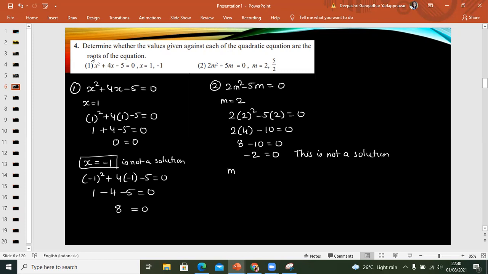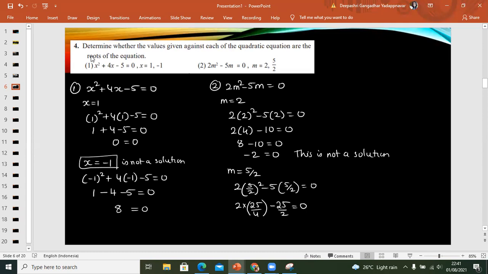Let's try m = 5/2. Substitute 5/2 in place of m: 2 times (5/2)² minus 5 times 5/2 equals 0. So 2 multiplied by 5 squared is 25, 2 squared is 4. Then multiply this 5 inside, so 5 times 5 becomes 25, divided by 2. Some students multiply this 5 with the 2 also.